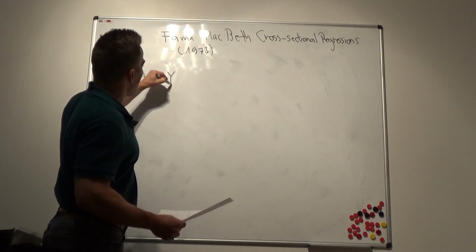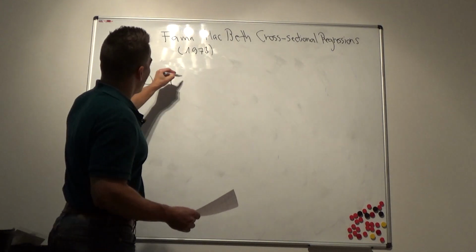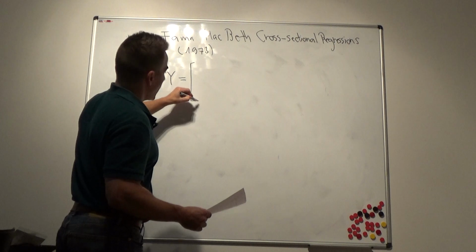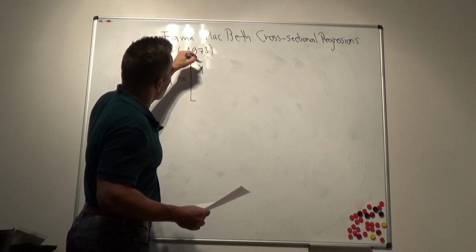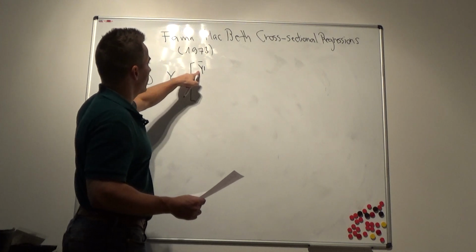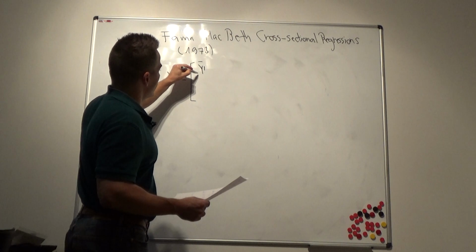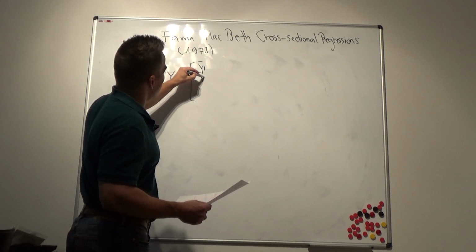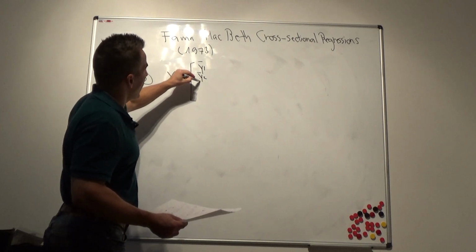I call it capital Y. And what is that? Well, this is an n by 1 vector, where we have the sample average of our first asset. Y1 bar is our first entry. The second entry is the sample average Y2 bar from the second asset, and so on.